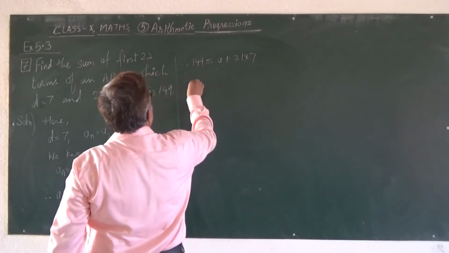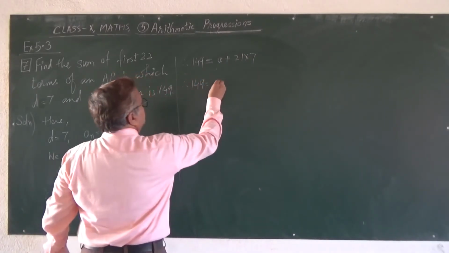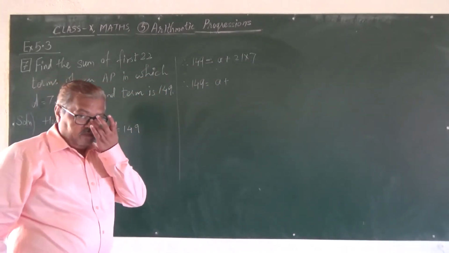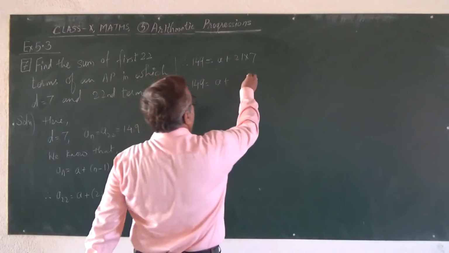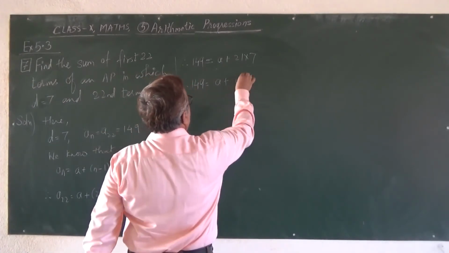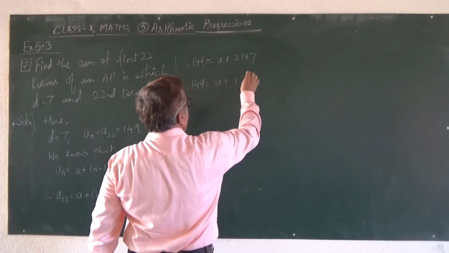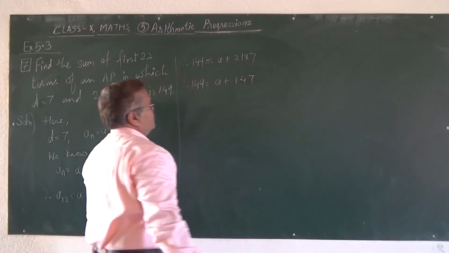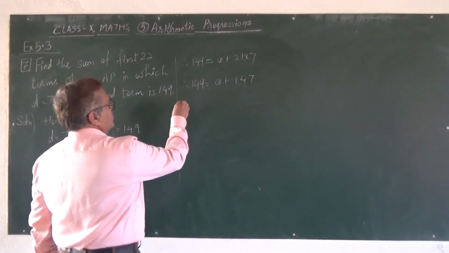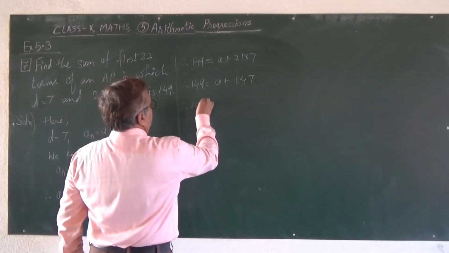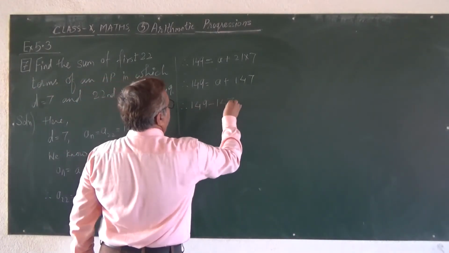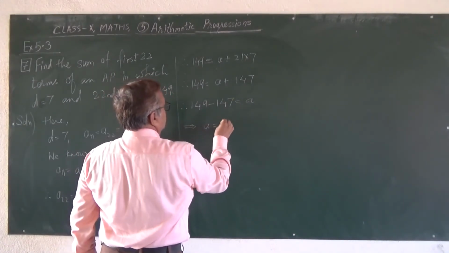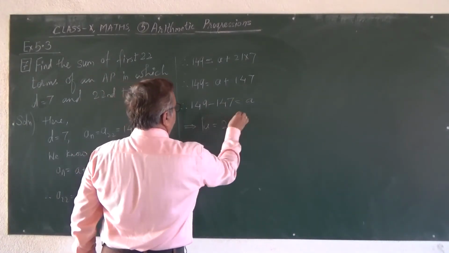So therefore 149 is equal to A plus 21 sevens, which are 147. Now, therefore, 149 minus 147 is equal to A. So this implies A is 2. So we got the first term.